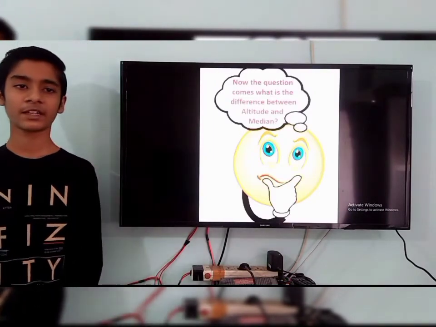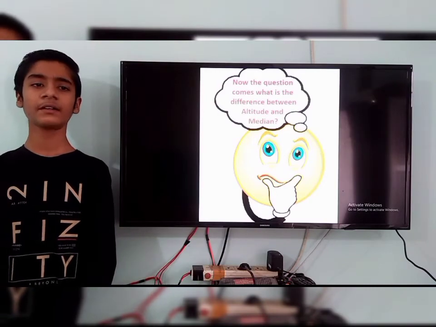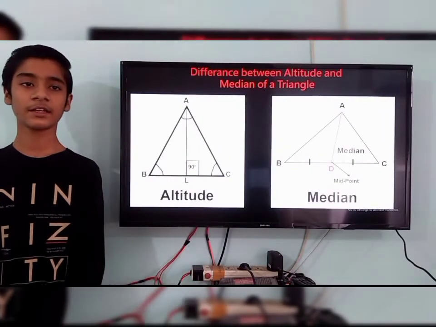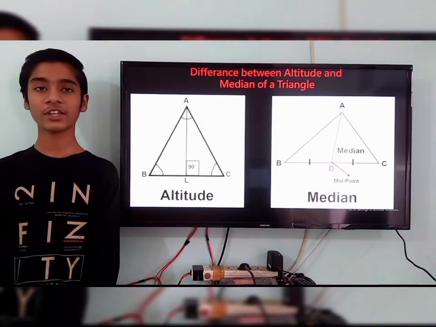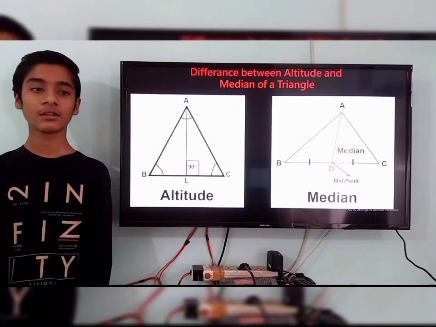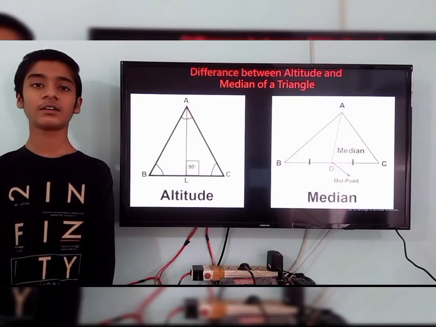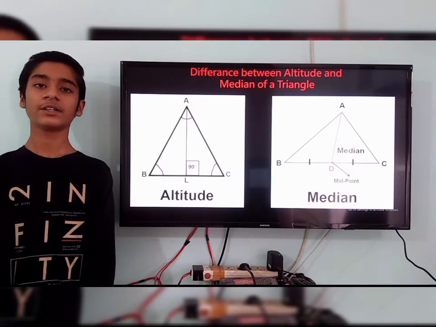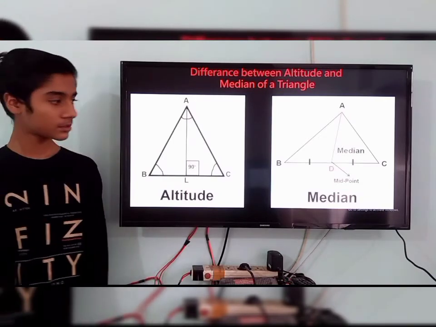Now you might be thinking, what is the difference between altitude and median? So let's clear it up. A median is a line segment joining the midpoint of a side to its opposite vertex. But an altitude is a line segment drawn from a vertex to its opposite side, such that the line segment is perpendicular to the opposite side.